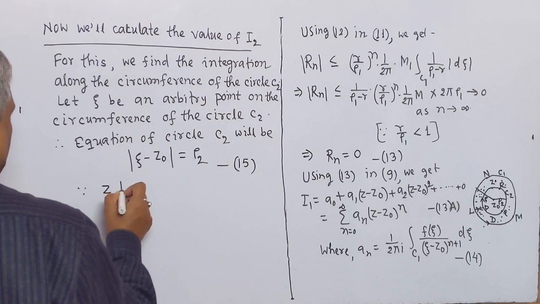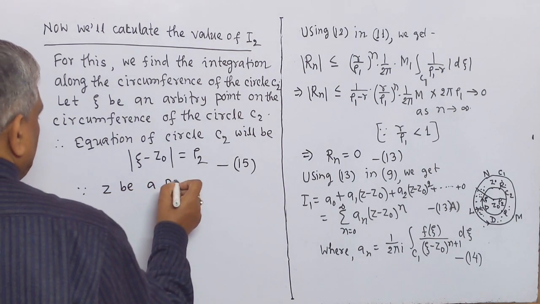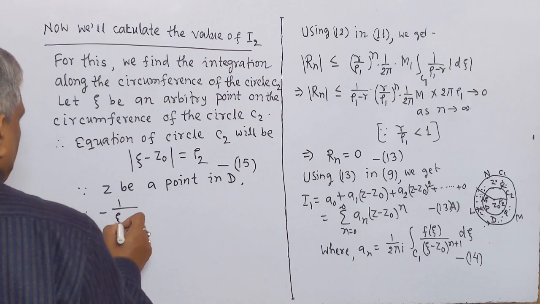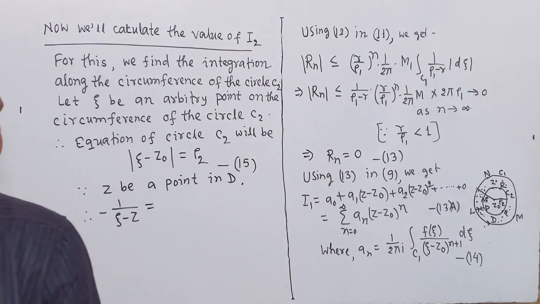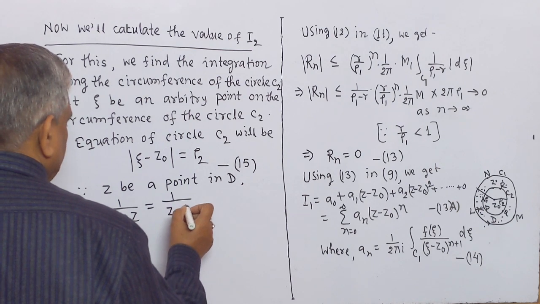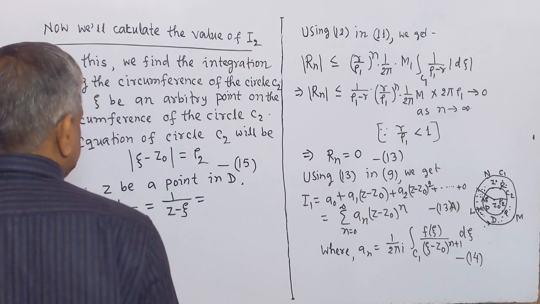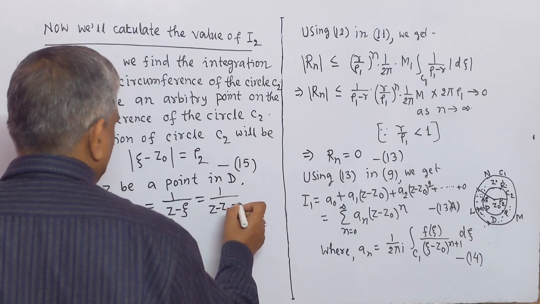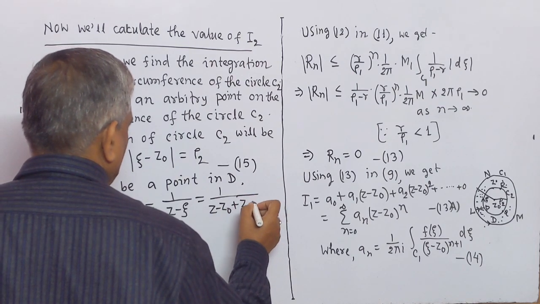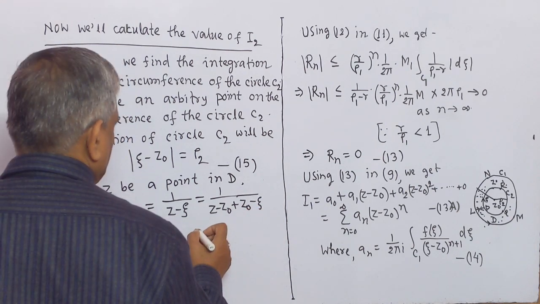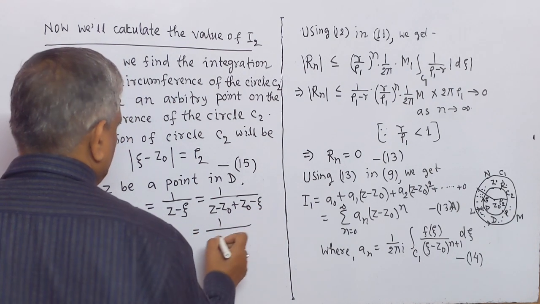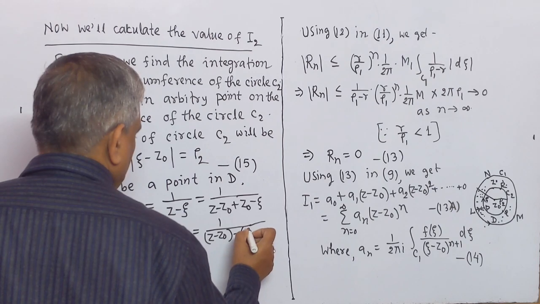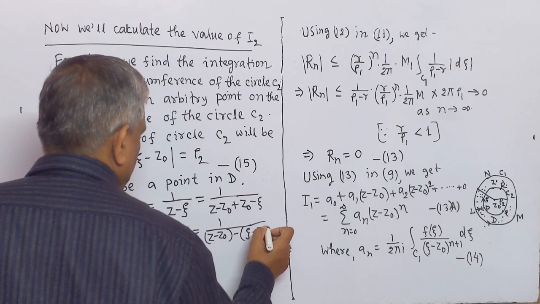Since z is a point in D, therefore minus 1 by xi minus z equals 1 by z minus xi, which equals 1 by z minus z naught plus z naught minus xi, which equals 1 by z minus z naught minus xi minus z naught.